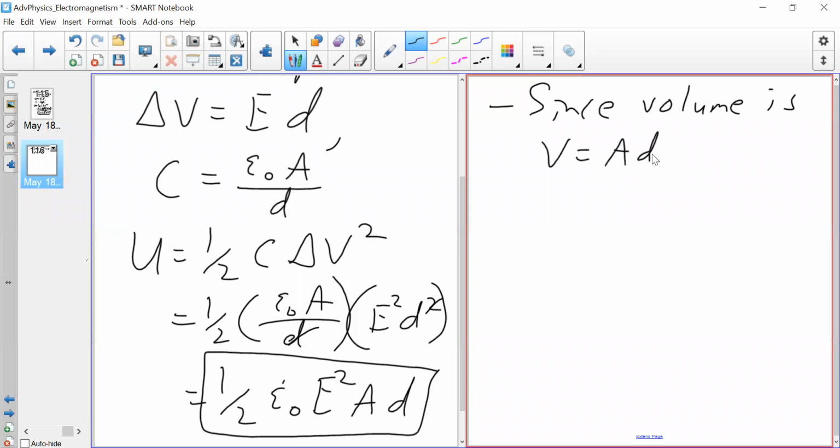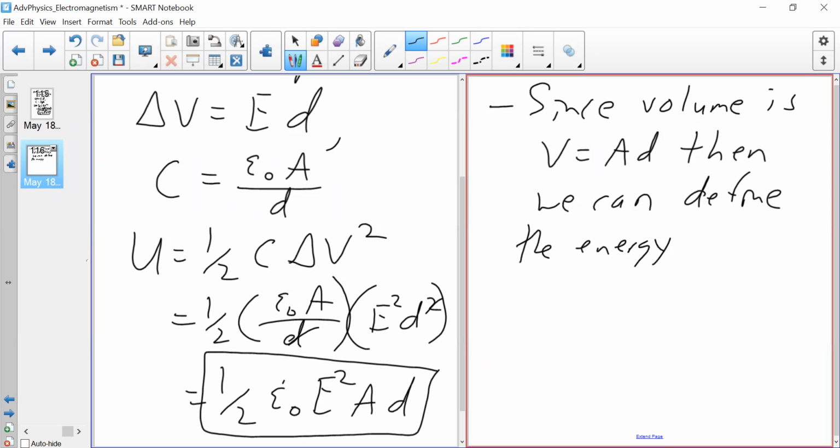Oh, I know A times D is volume, and just do all kinds of things here, right? Since volume is V equals A times D, we can define something called the energy density.